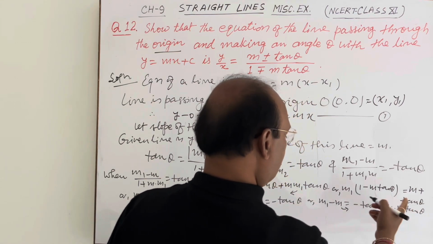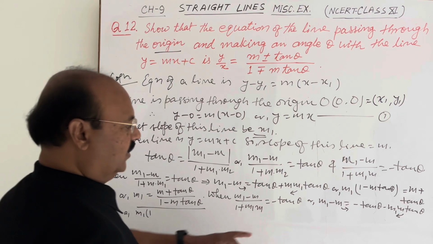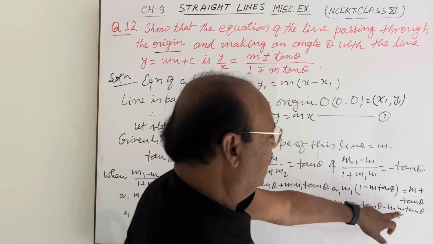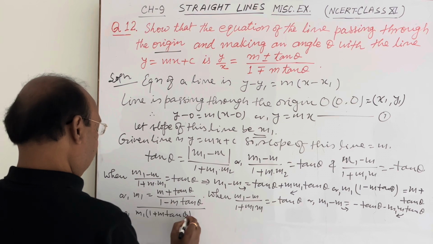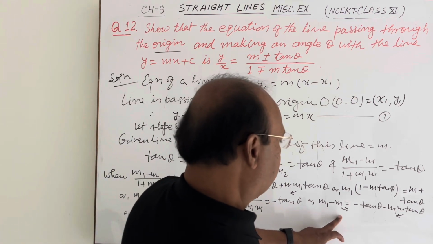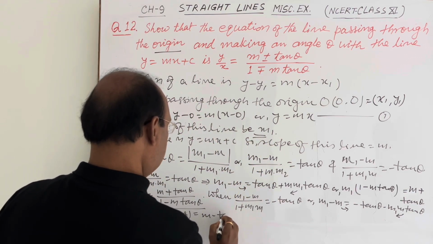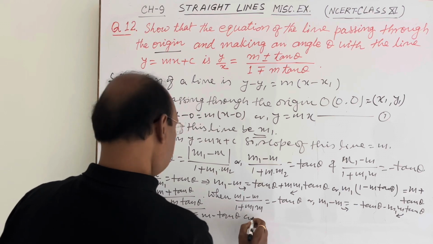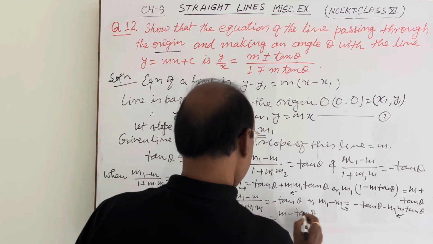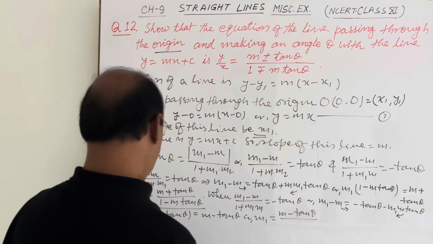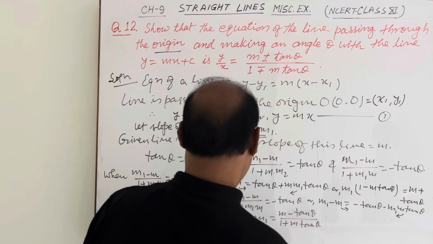When we transpose this term to the left side, we can take m1 common. So m1 times 1 plus m tan theta is equal to, on the right hand side, m minus tan theta. Or m1 is equal to m minus tan theta upon 1 plus m tan theta.